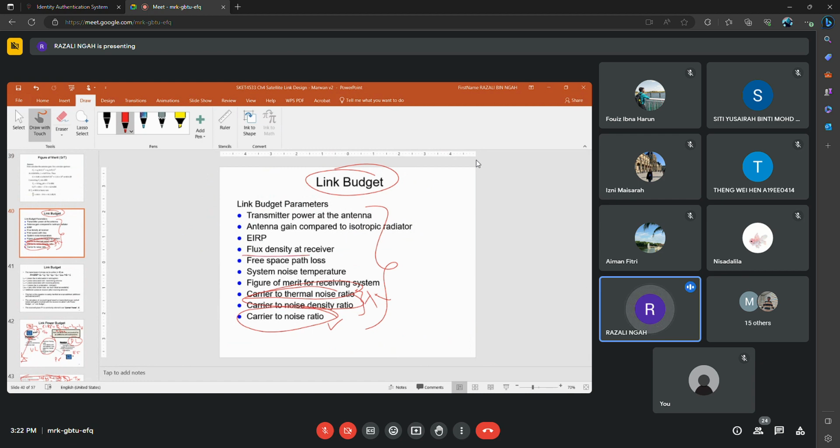So flux density actually is equal to power density in mobile communication. We consider power density, but in a link budget we don't have to. There is no parameter for flux density.